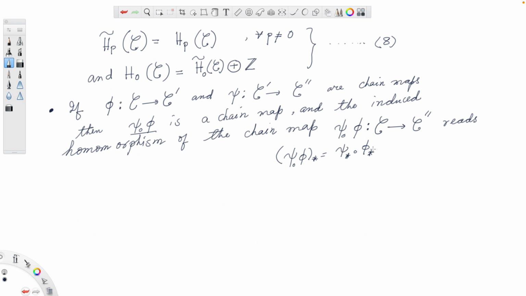This is what we used to prove part A of lemma 2.